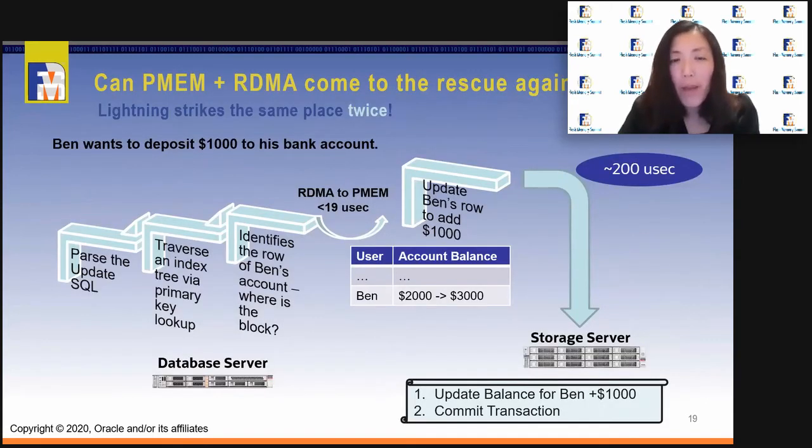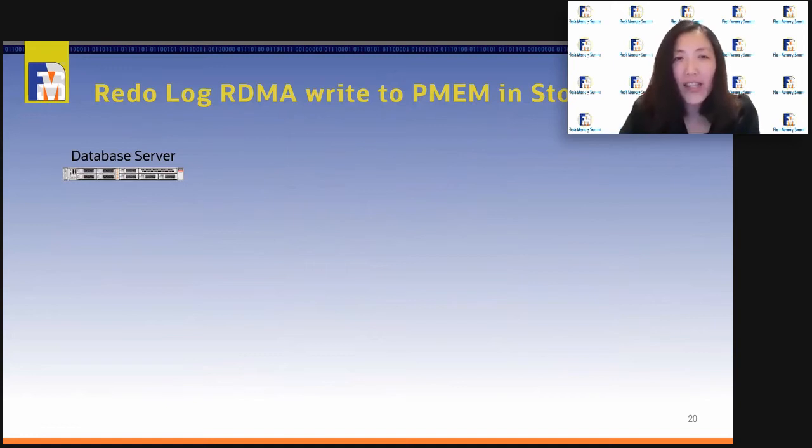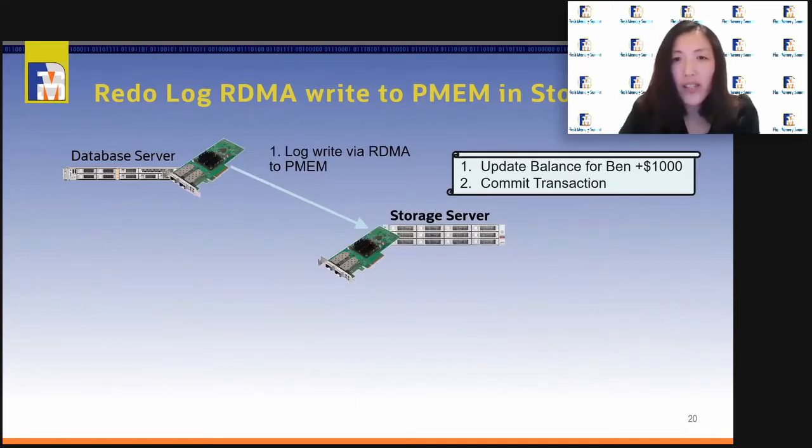So can PMEM and RDMA come to the rescue again here? Remember the IO cliff? Yes, let's see how we can use PMEM and RDMA to avoid falling off the IO cliff. So in this case, if we were to do an RDMA log write to the PMEM in the storage, how is it going to work?